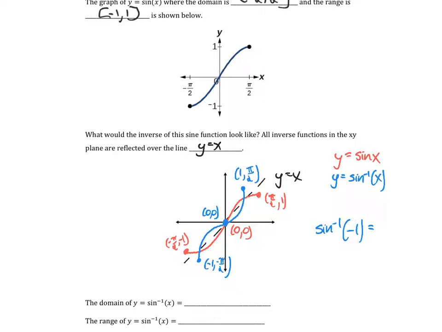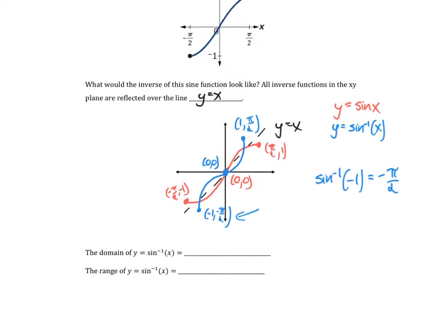Well, I would be looking at this point down here. That would give me a value of negative pi over 2. So by restricting the domain of sine of x, it allows me to find values of the inverse sine of x.